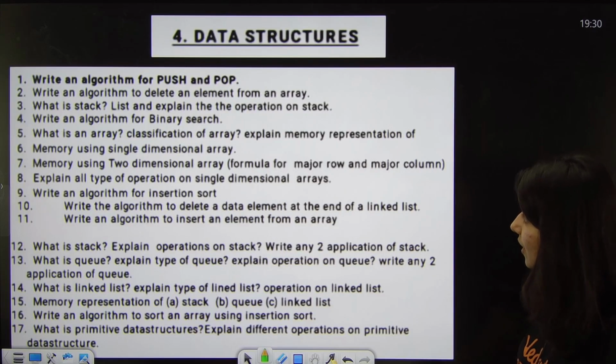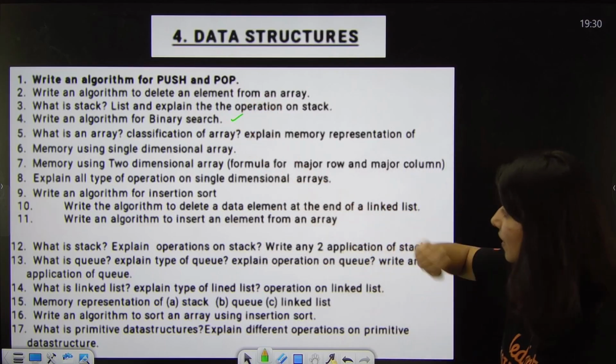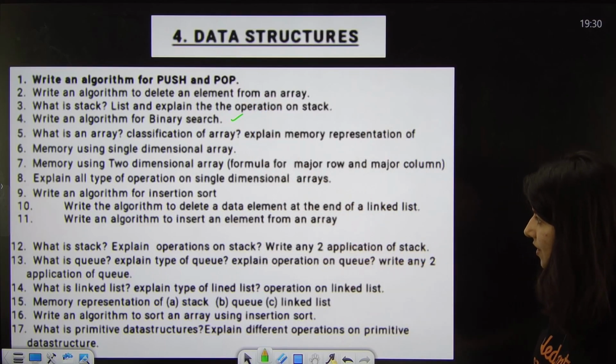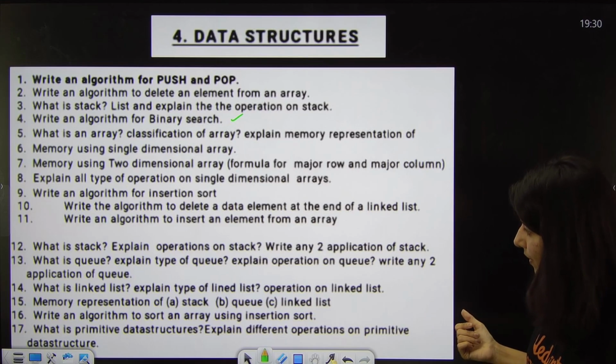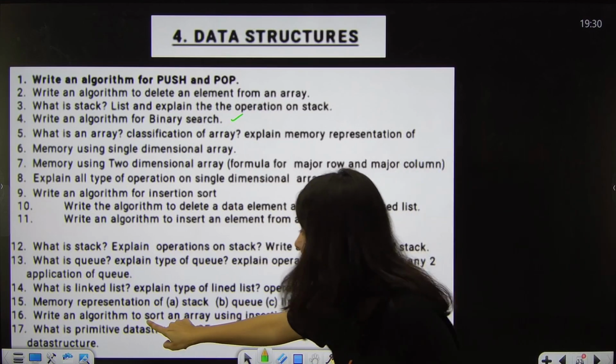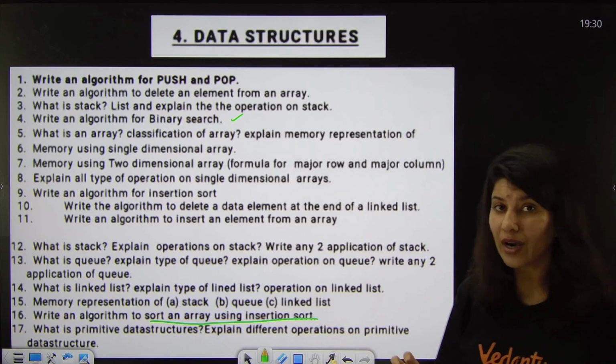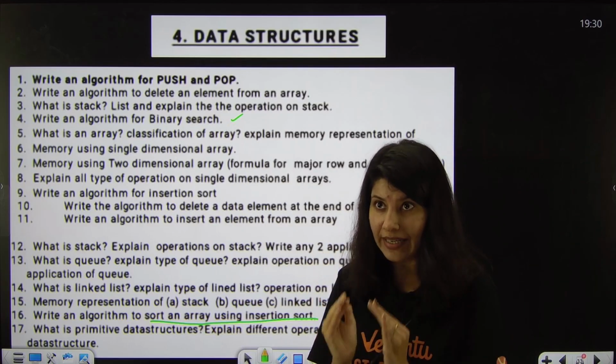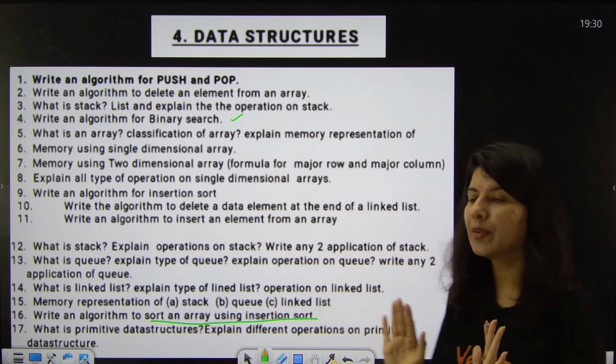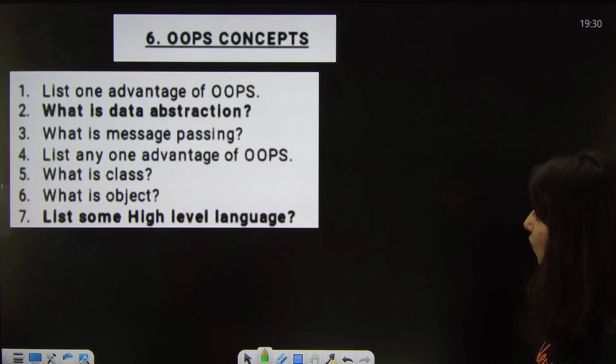Algorithm for a binary search. Again, high weightage questions. Searching also should be there. Sorting an array, so they can ask you anything. If you understand the logic and how to write in a certain manner, then this data structure will be much easier for you. This is a scoring thing.